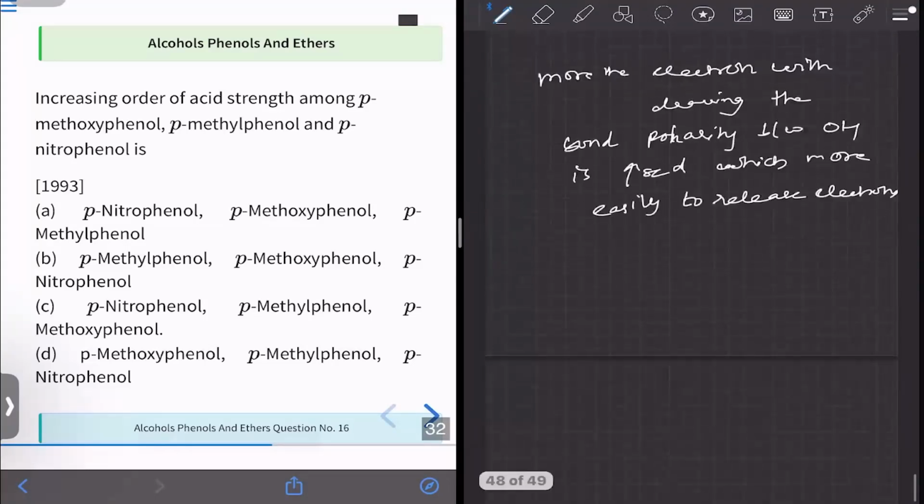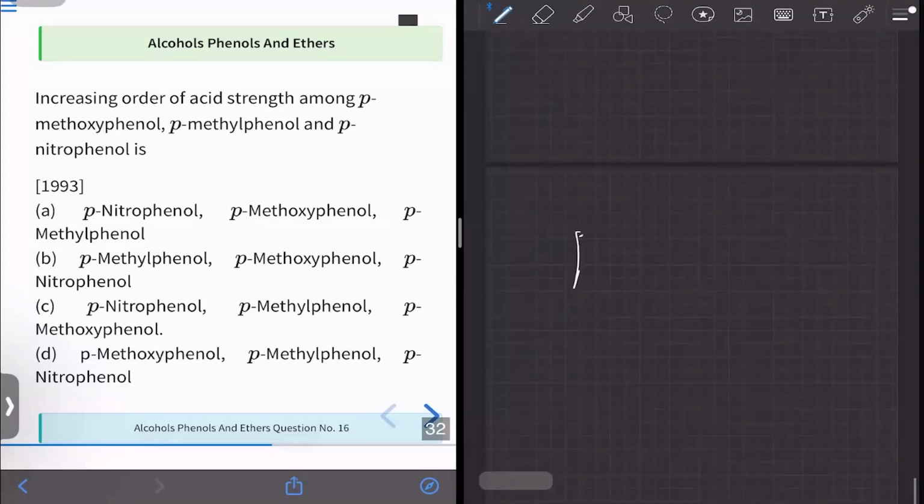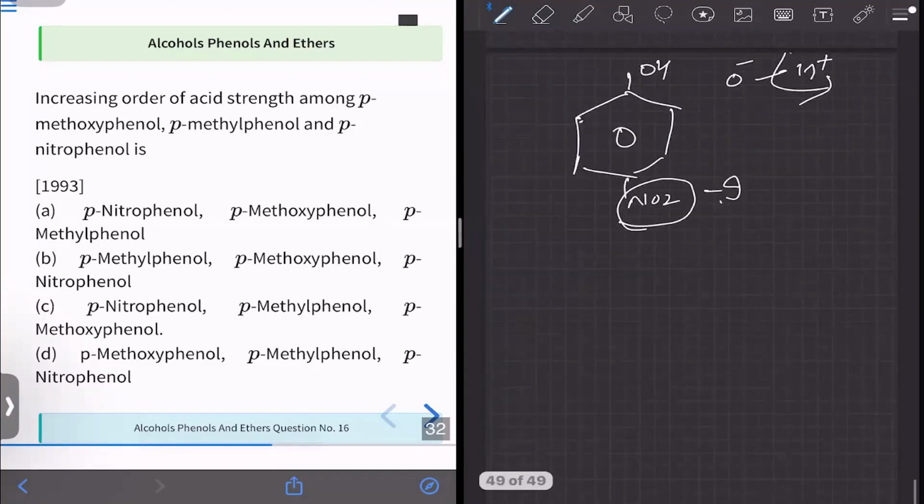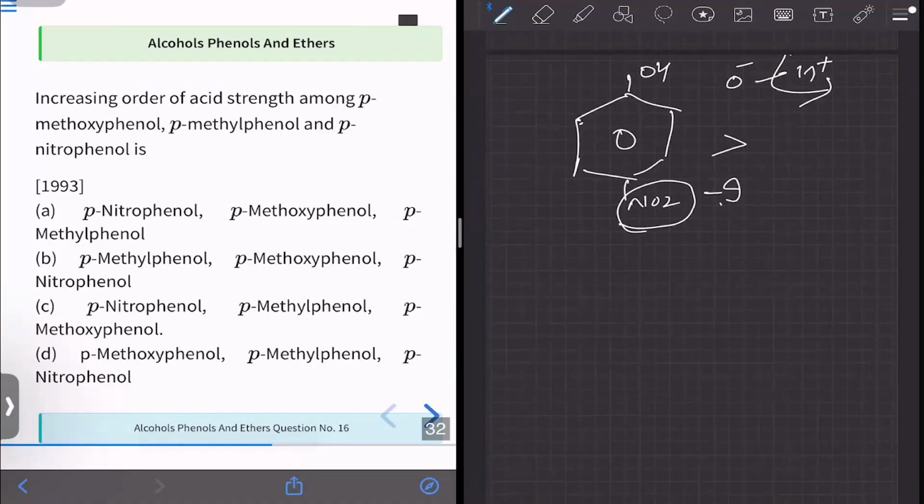See, in the case of paranitrophenol, the nitro group is a strongly electron withdrawing group, which makes the bond between O and H more polar. So H plus can be easily removed. So it is more acidic as compared to CH3 and OCH3.